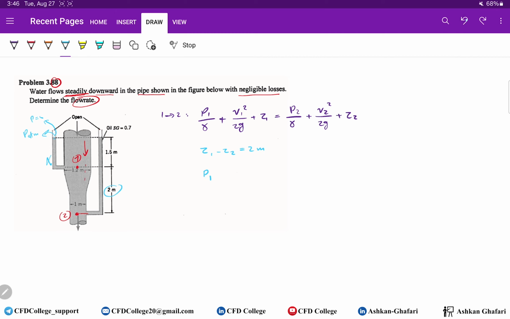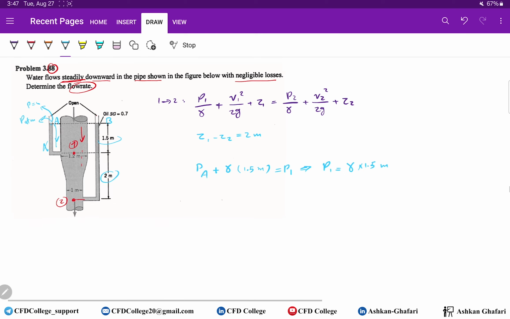Let me write it another way. Here, for example, is point A, and here is point B. So PA, then I go downward, so I should add the pressure, gamma times 1.5 meters, equals P1. I reach point 1. So P1 equals gamma times 1.5 meters.